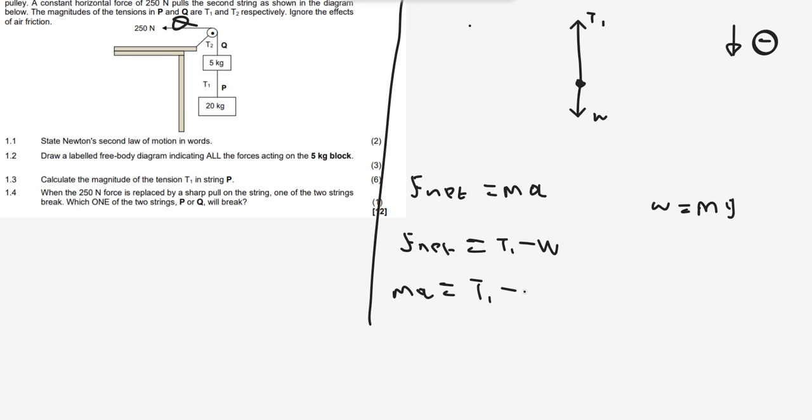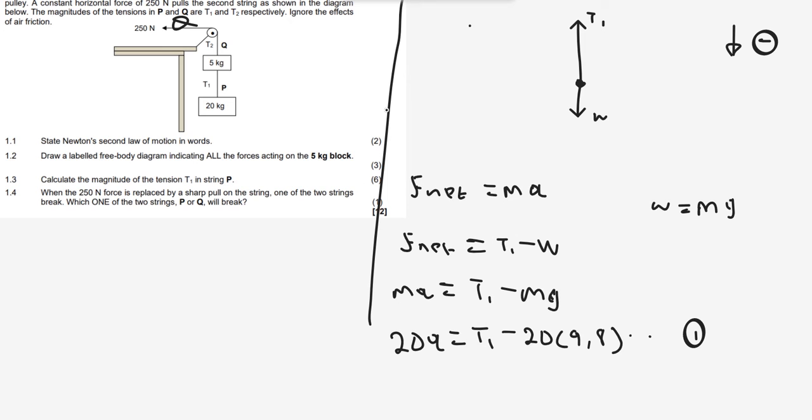So it's T1 minus mg. Our mass for block P is 20 kg, and we don't have the acceleration. We also don't have T1, which is what we are looking for, then minus the mass, which is also 20, and g is 9,8, the gravitational constant. This is our equation number 1.